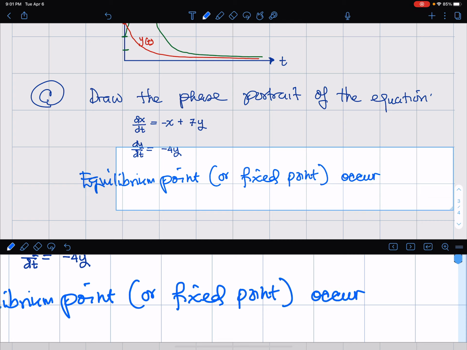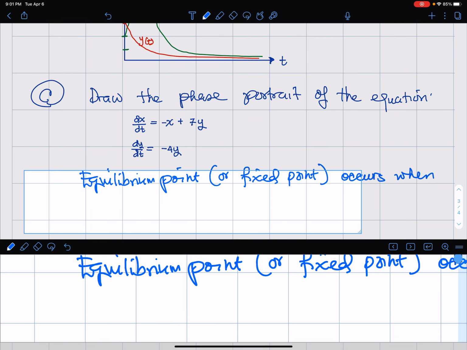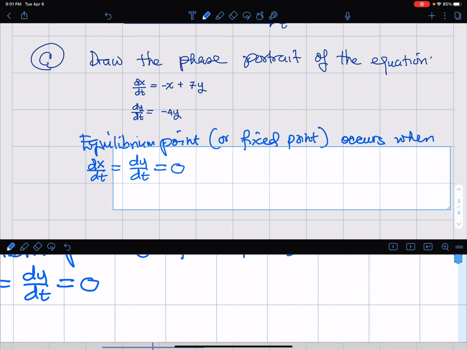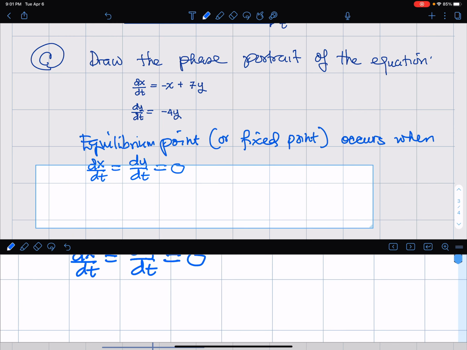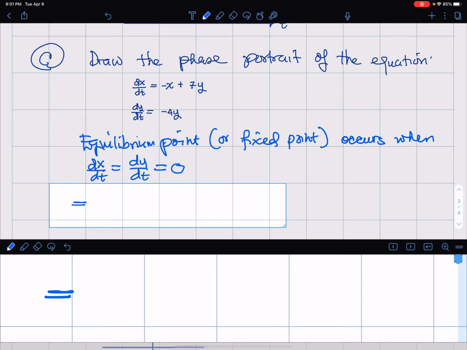Fixed point occurs when both dx/dt and dy/dt are equal to 0. So this is when the right-hand side of each of them is equal to 0.